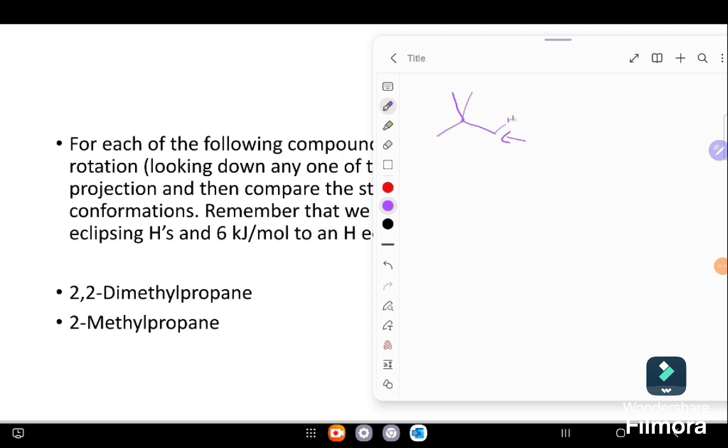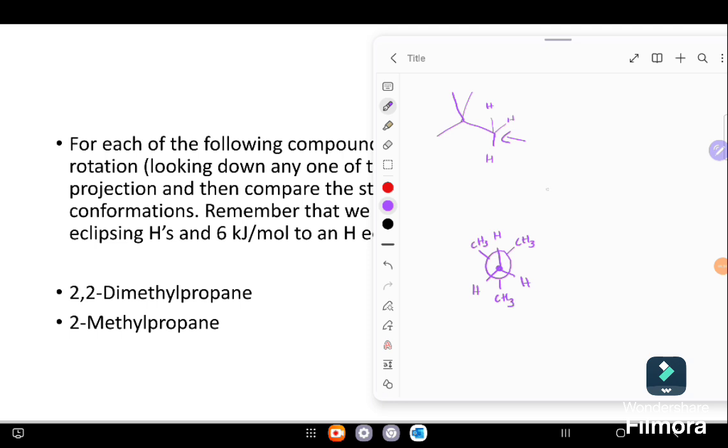So there would be 3 hydrogens here on this carbon that we have not drawn. If we treat the first carbon as the dot, all we have to do is bond 3 hydrogens to that carbon. Then we can show our back carbon, and we see our back carbon has 3 methyl groups bonded to it.